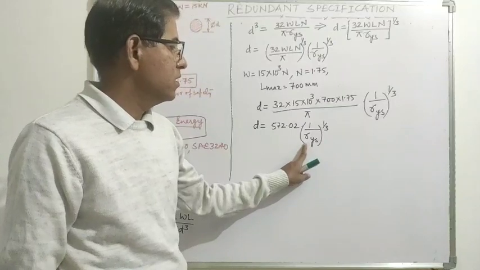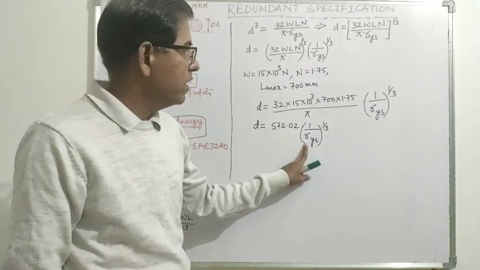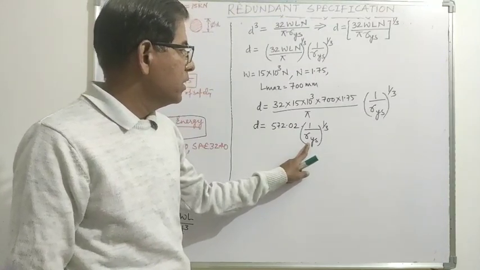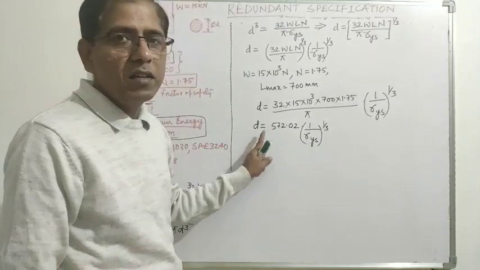So this is material specific. Any material whose value will depend upon the diameter will affect the diameter.